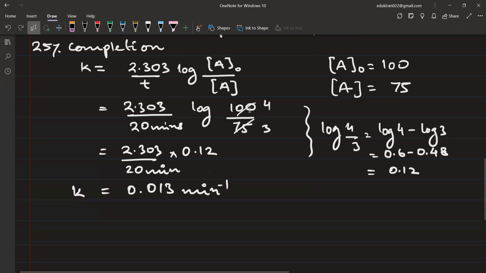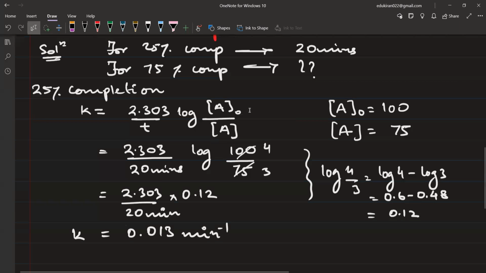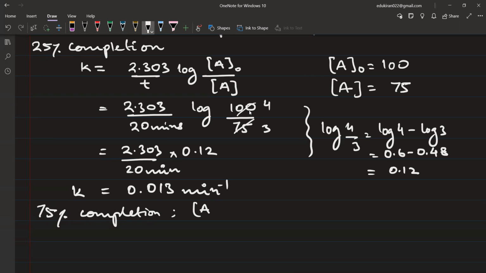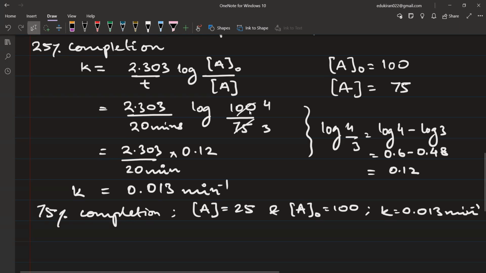Now, once we know the value of K, we can calculate the time taken for any percentage completion. So for 75% completion, now the A will be equal to 25 and A naught is still 100, and now we know K is equal to 0.013 minute inverse.